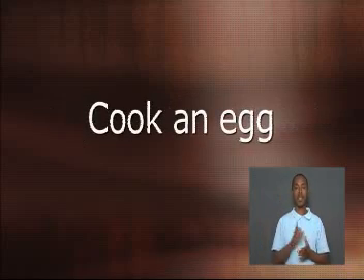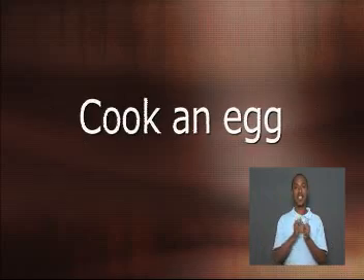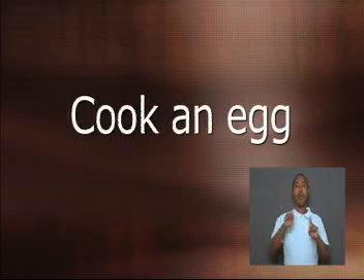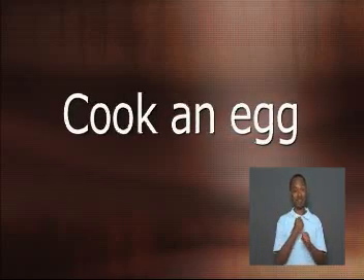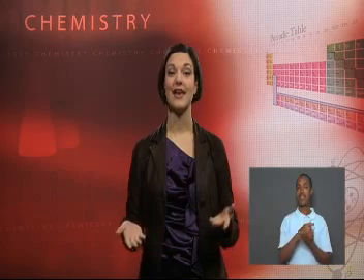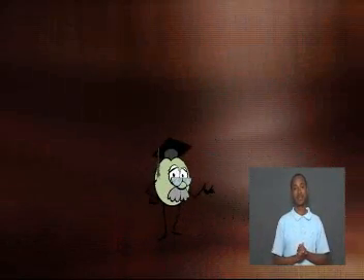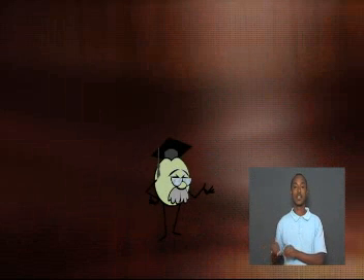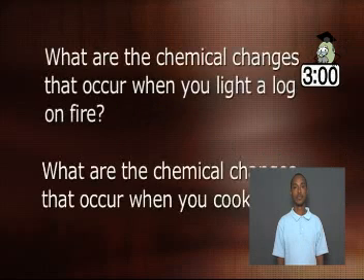What are the chemical changes that occur when you cook an egg? Please go ahead and answer these two questions. Teacher, please help the students if they need it. Students, let's get ready. Begin.